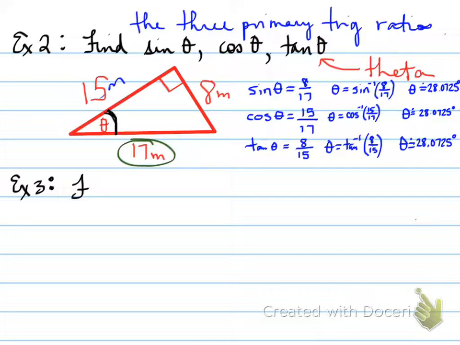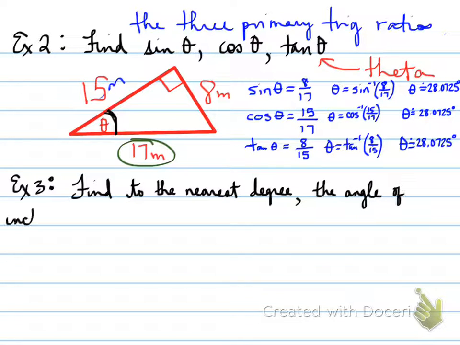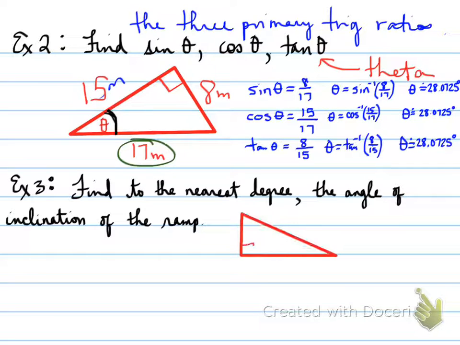All right. Example 3. You're asked to find, to the nearest degree, the angle of inclination of the ramp. So here's your ramp. Now, very important to note the angle of inclination. A lot of students might think this is the angle of inclination, and that is wrong.